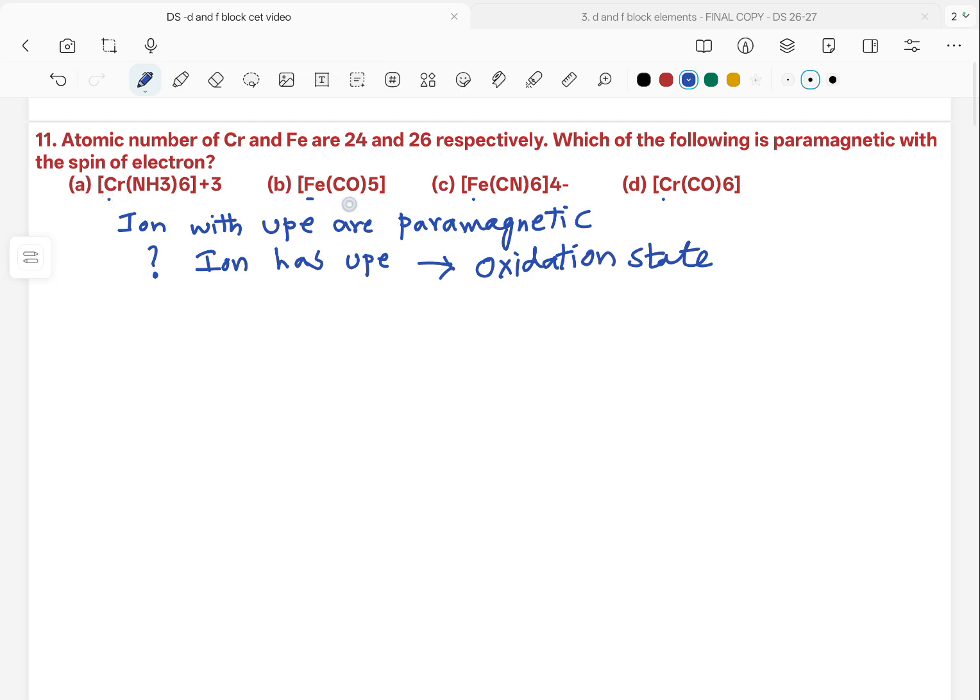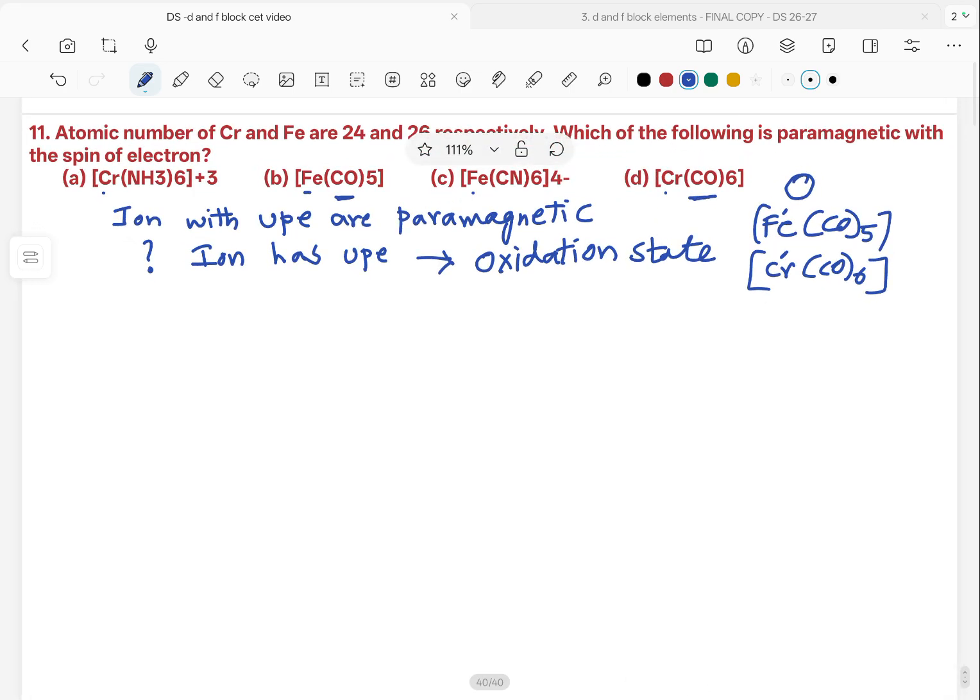Any complex combined with the CO ligand will always have zero oxidation state, meaning FeCO5 complex, CrCO6 complex will have zero oxidation state for iron as well as chromium. So these options B and D options are ruled out options.